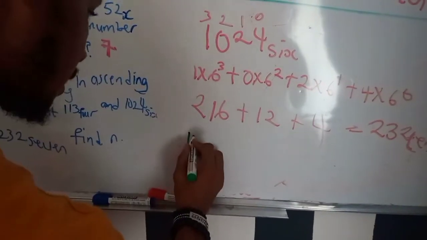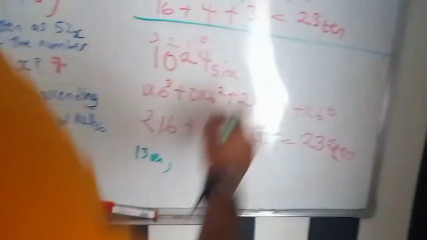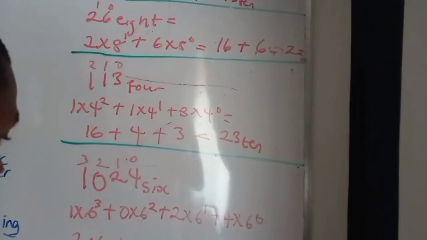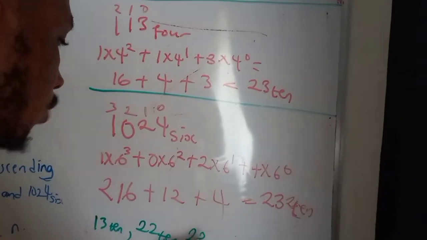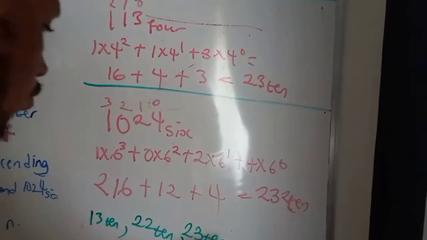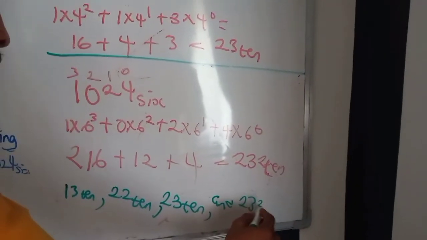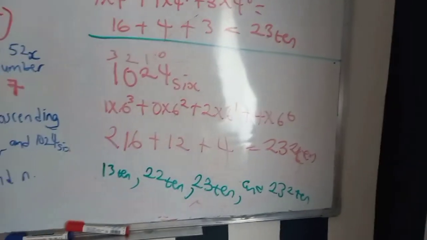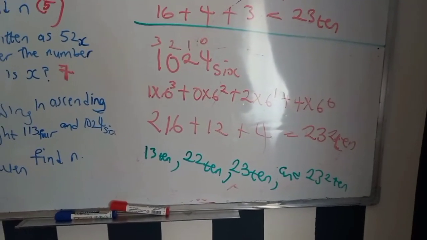So 13 base 10 is the first one, 22 base 10 is the second one, 23 base 10 is the third one, and the last one is 232 base 10, which means it's already arranged.